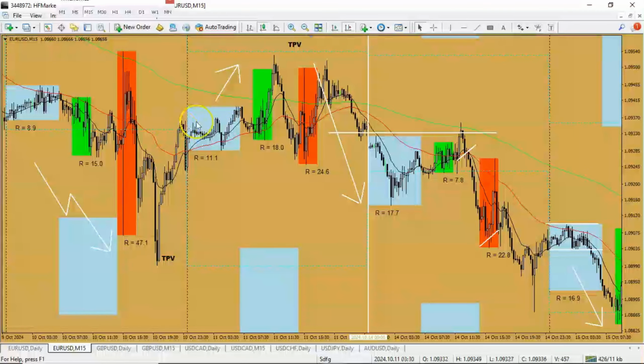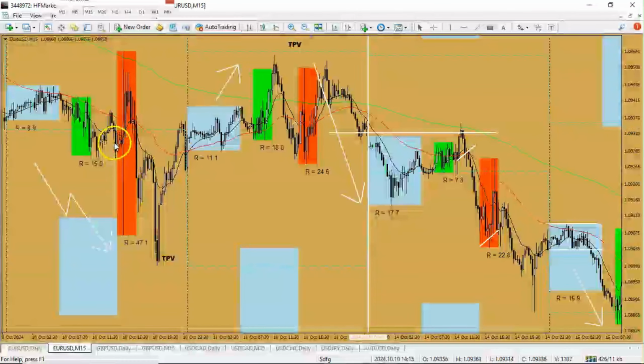So this is Thursday, this is Friday, and this is Monday. Price has been dropping for the past few days from Tuesday, and coming into Thursday, price has been dropping for 3 days.